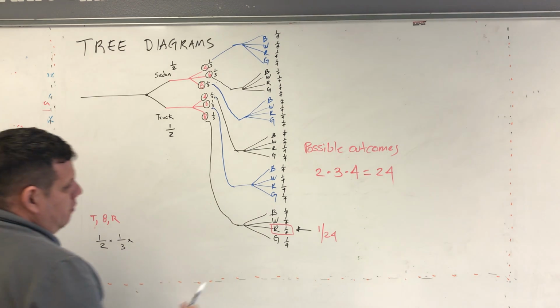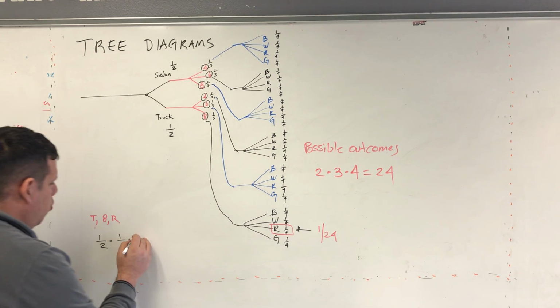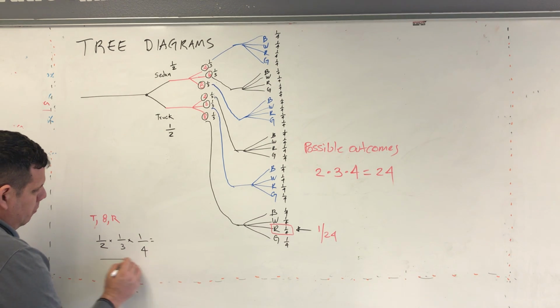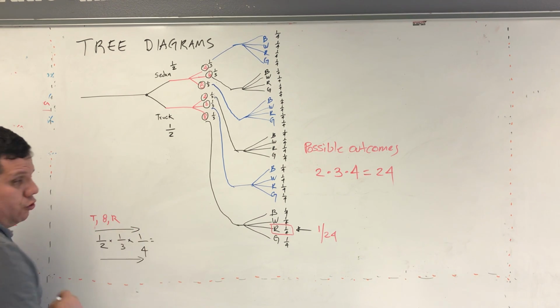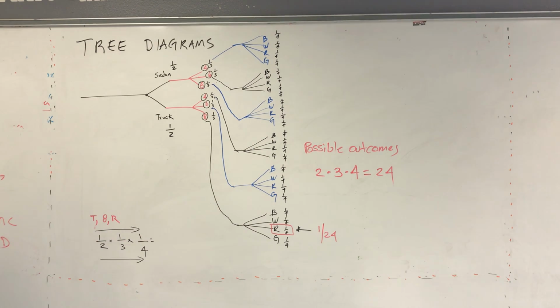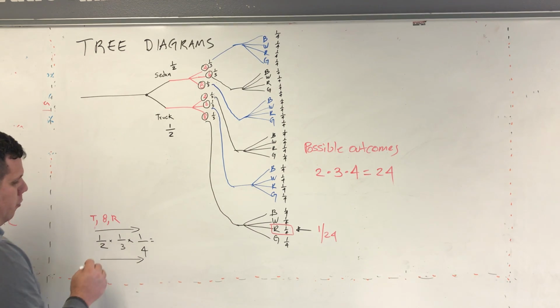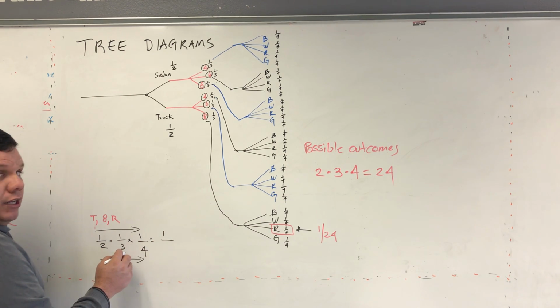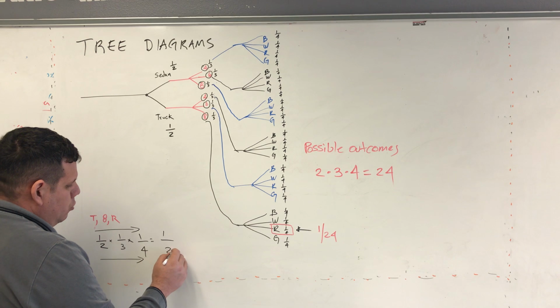And for red, I have 1/4. Let's multiply. Remember, when you multiply fractions, you multiply all the numbers on top, which are the numerators, and then you multiply all the numbers on bottom, which are the denominators. 1 times 1 times 1 is 1. 2 times 3 is 6, times 4 is 24.